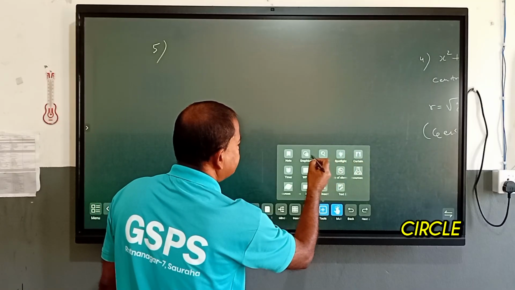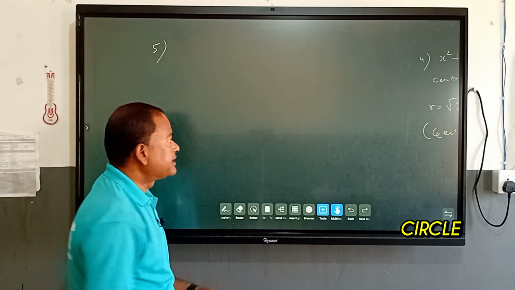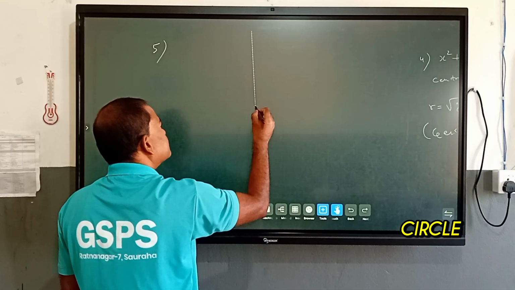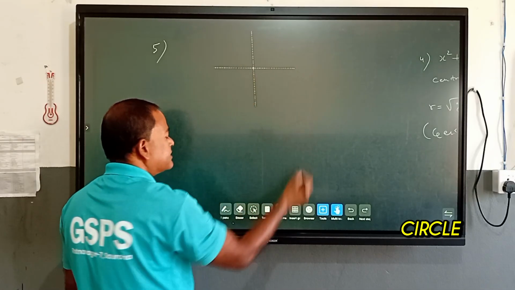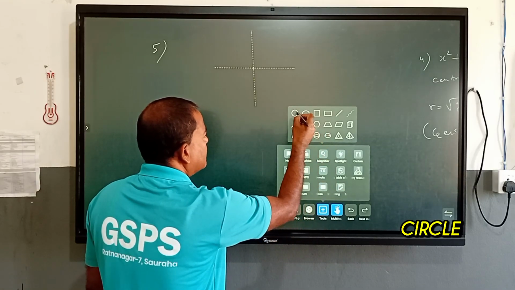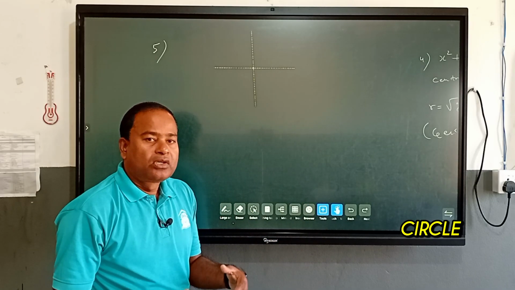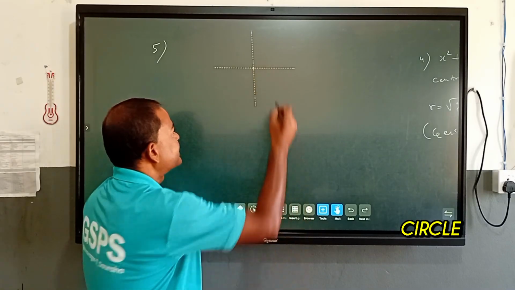Dear students, let's make a diagram. Let's suppose this is the y-axis and this is the x-axis. Now let's draw a circle so that it touches the x-axis.